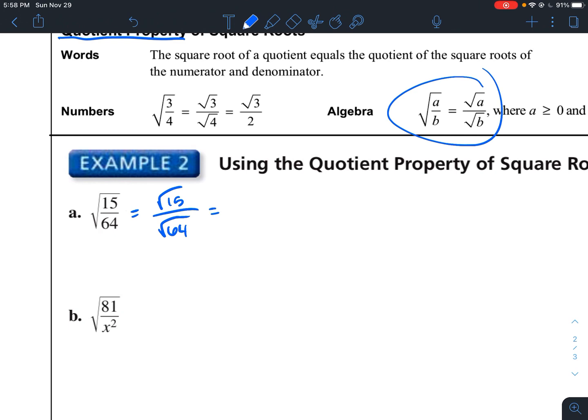The square root of 15, can that be broken down into anything further? I don't think it can. Nope, I don't think we can simplify the square root of 15. Can we simplify the square root of 64? We know that that is equivalent to 8. So this is equal to the square root of 15 divided by 8.